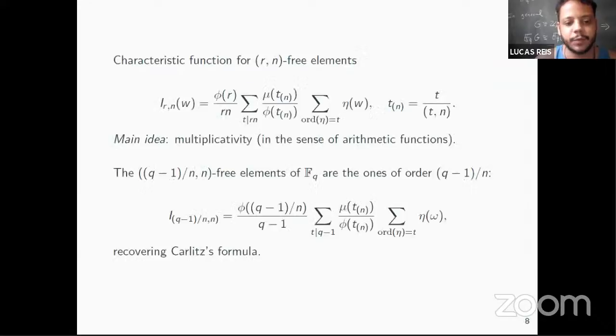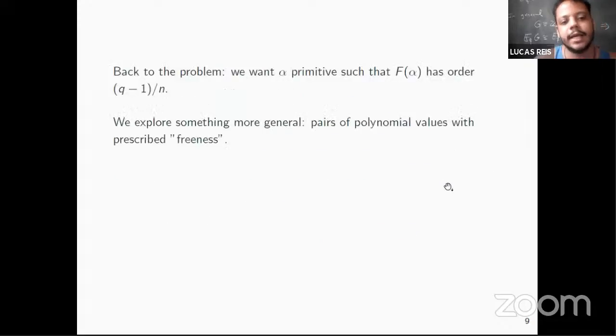As we have seen, we have the characteristic function for the elements with order (q minus 1) over n, and basically we can work with something more general. So we just have here a pair of polynomial values, x at alpha and f at alpha.